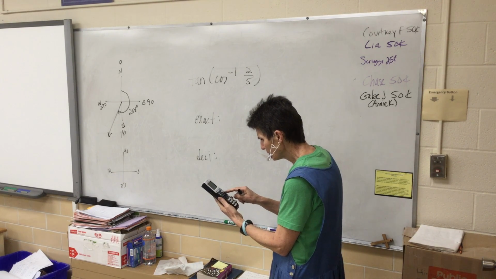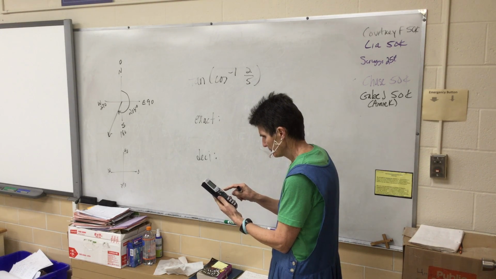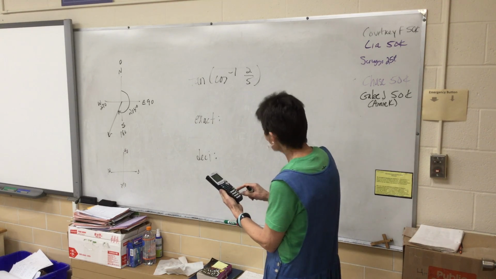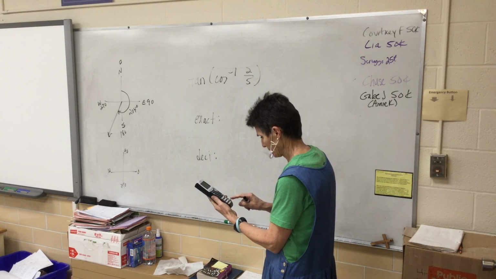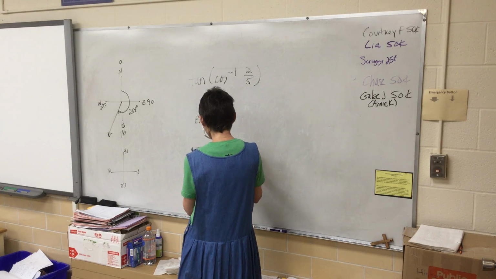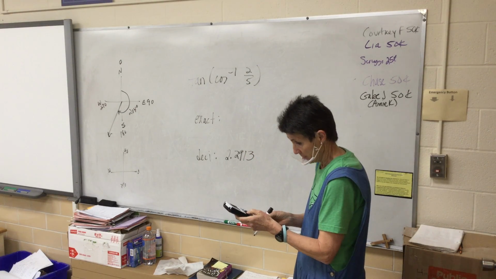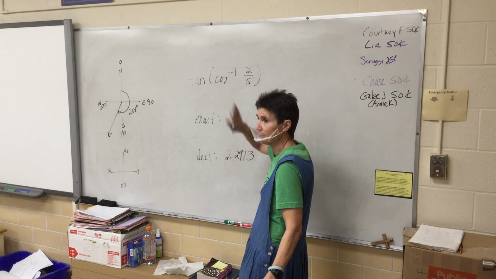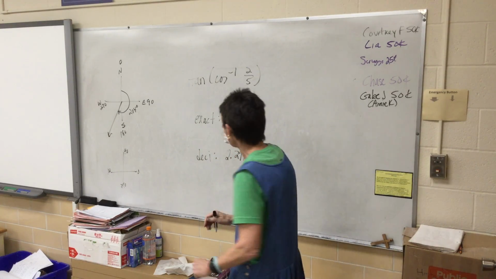Whoops, I pressed something I didn't want. I have to start over. Tangent, second cosine, 2 divided by 5. Did you get 2.2913 for your decimal? Yeah. Remember when you type that in on your calculator, the parentheses pop up, so don't type any parentheses, just type tangent, second cosine, 2/5.